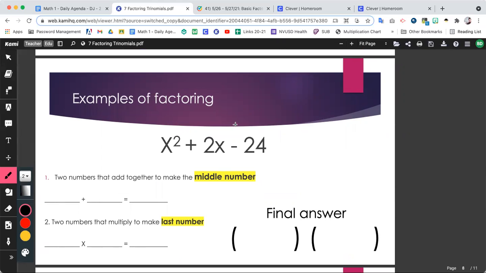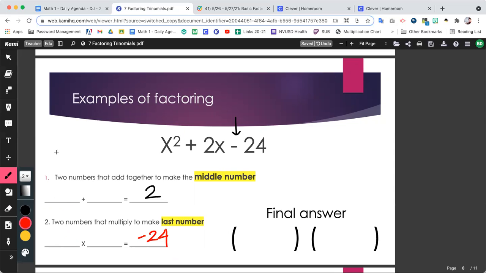When the last number is negative, right here, we have two numbers that add up to be 2 and two numbers that multiply to make negative 24. Okay, so let's think about this logically. What's the only way that two numbers multiply to make a negative number? A little louder. Only one of them can be negative.